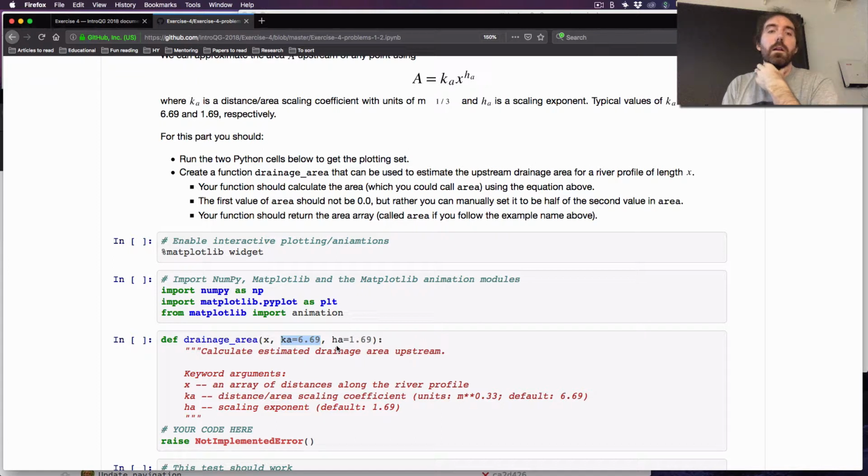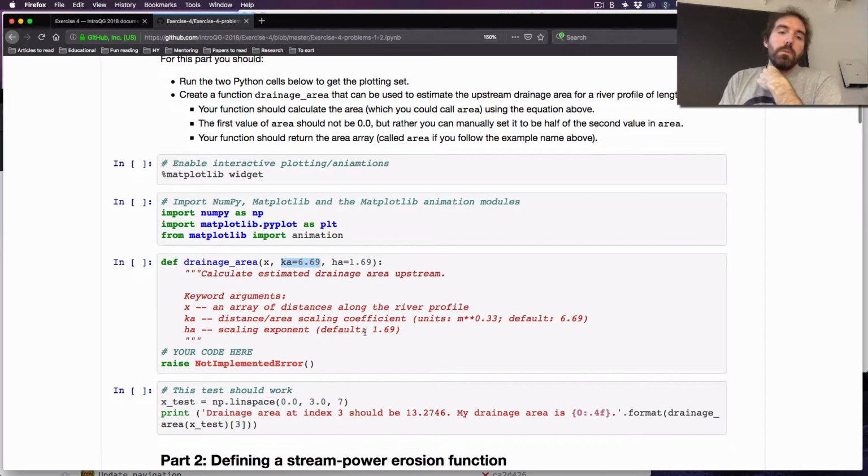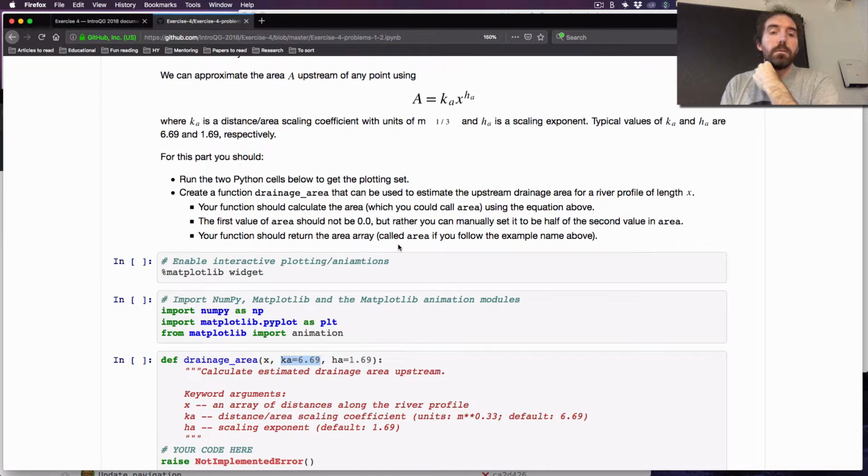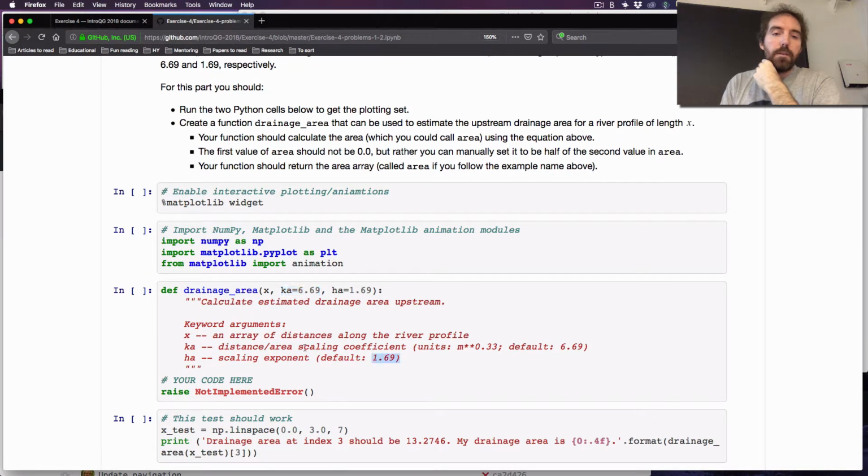In creating the function, you can define those. So what you'll have to do basically is just put in some code here to calculate what the area is using this equation, and you have most of the pieces there to do that. And I've given a little bit more detailed comment here in the doc string and the description of what the function does, just so that you know what each one of these things is supposed to represent in the function.